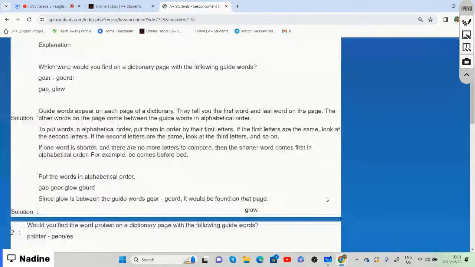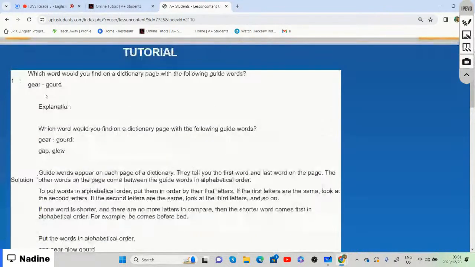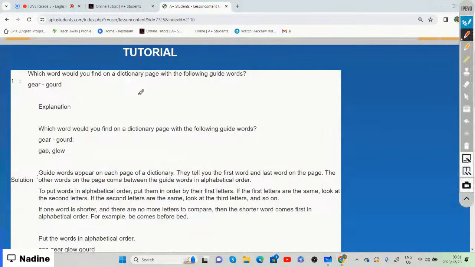All right, so if you look at this word, which is gear and gourd. Now I'm going to give you two words, which is gap and glow.